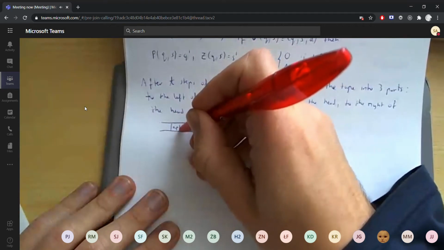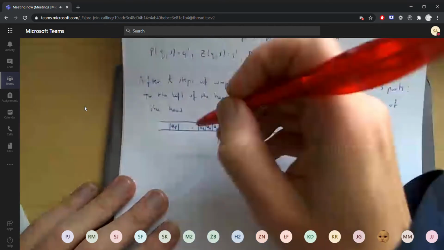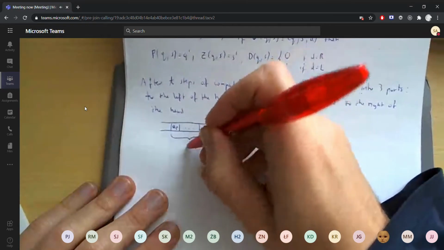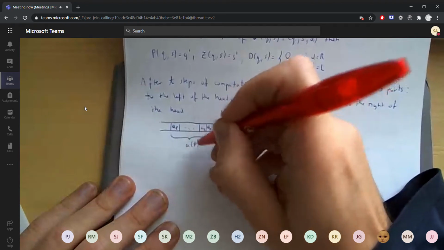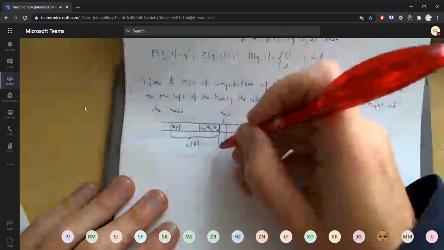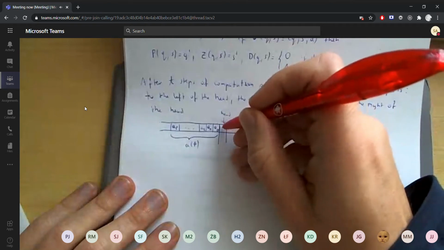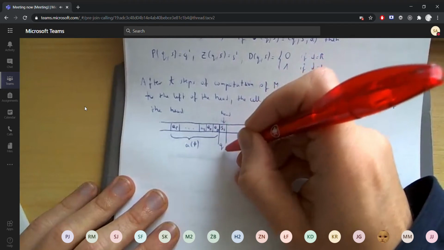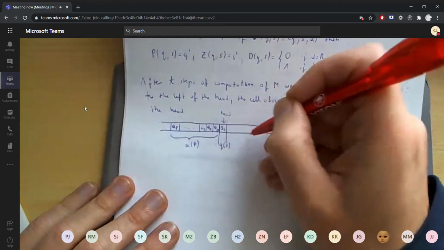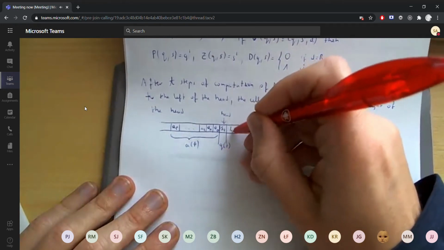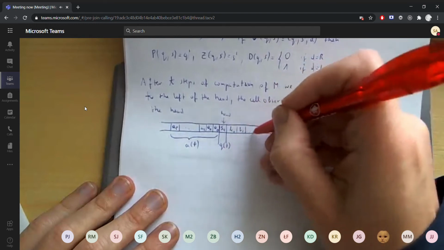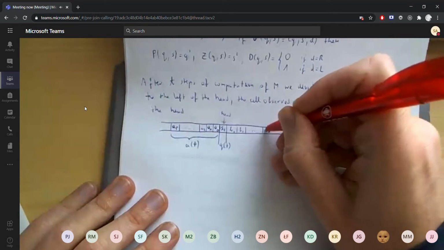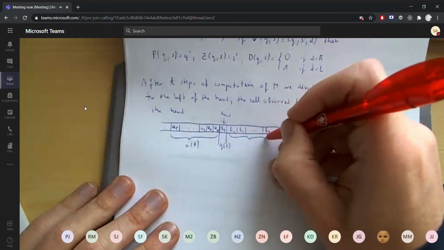And this string will be called A of t, so to the left of the head. Here we know that here is some symbol S_t, and the head, the control is in some state Q, and here will be this string to the right, B of t.